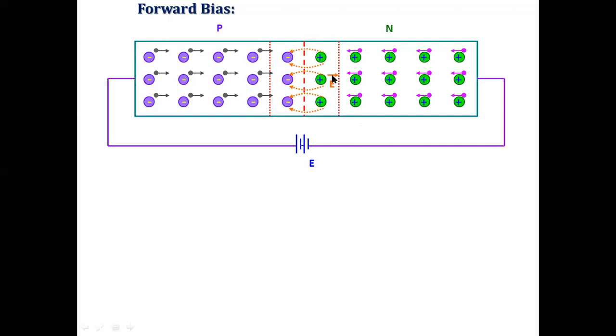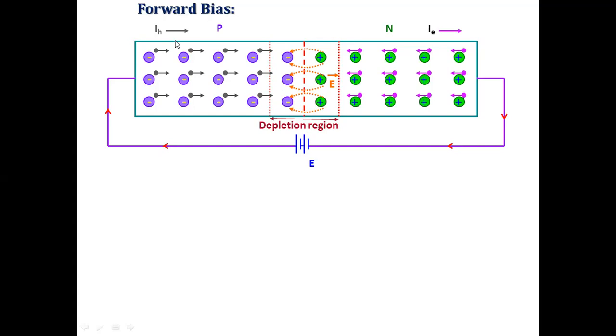The potential barrier opposes the electrons, so it gets cancelled, and the force of the depletion layer starts to decrease. The depletion layer is what opposes the flow of electrons or current. Once it is reduced, the current will start to flow from positive to negative after breaking the depletion layer.